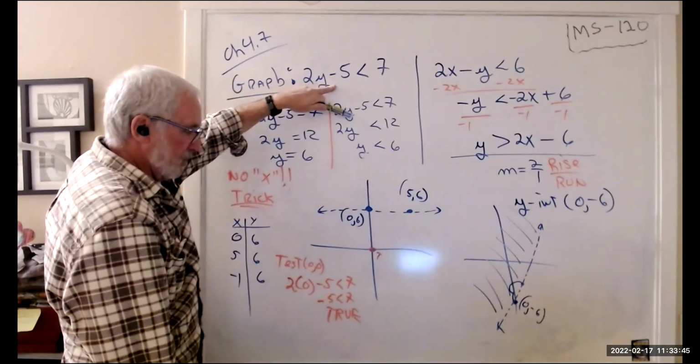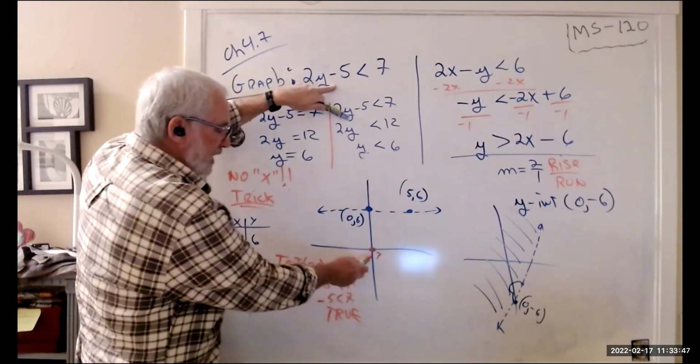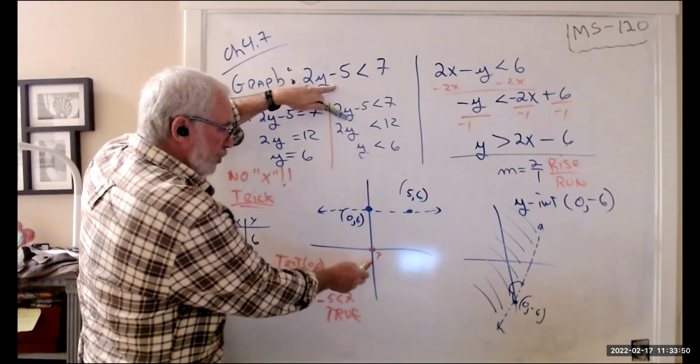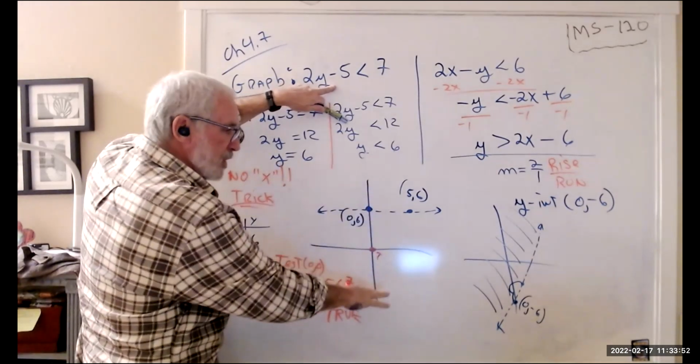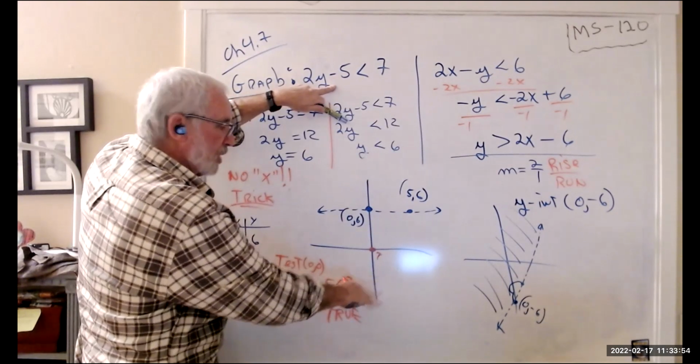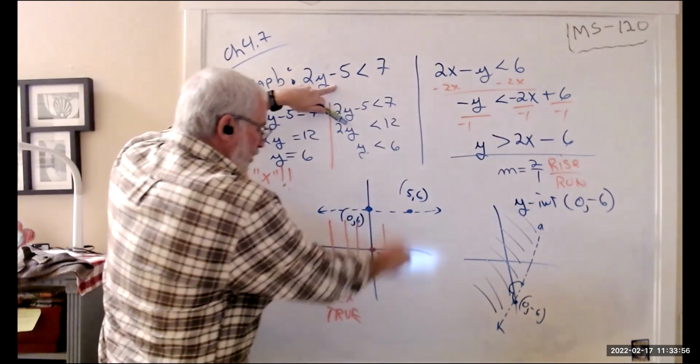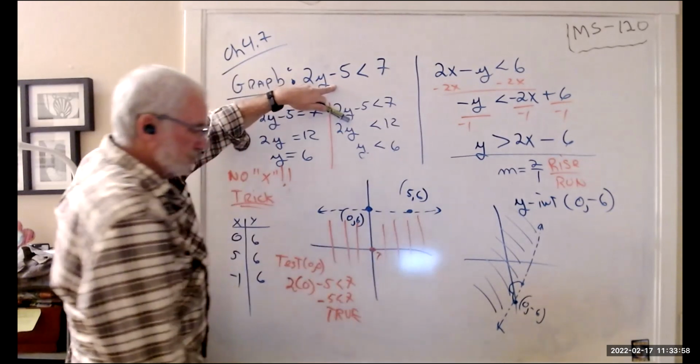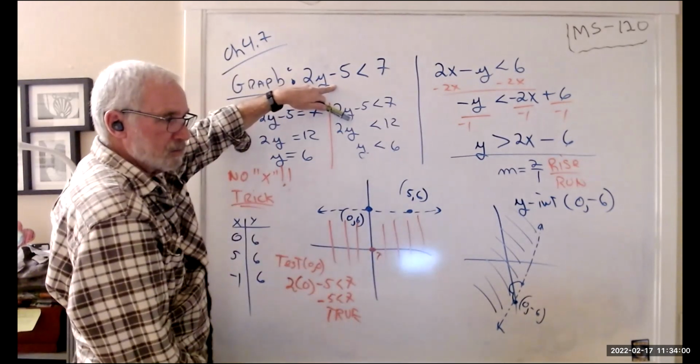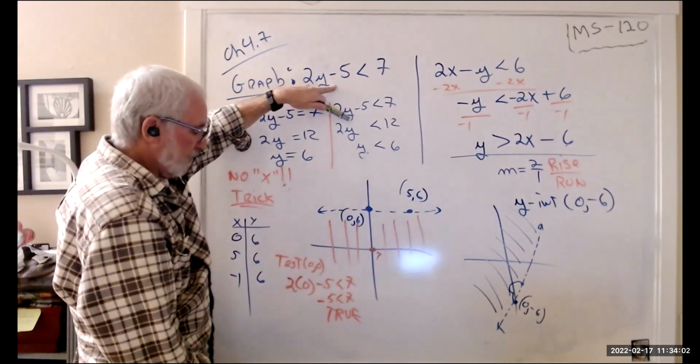So that's true. A negative number is always smaller than a positive number. So our test point was true. Our test point was underneath. That must imply everything underneath is true.